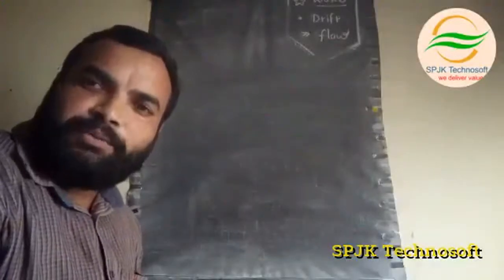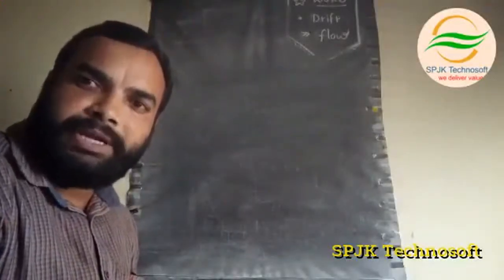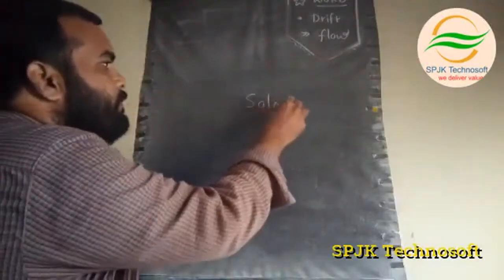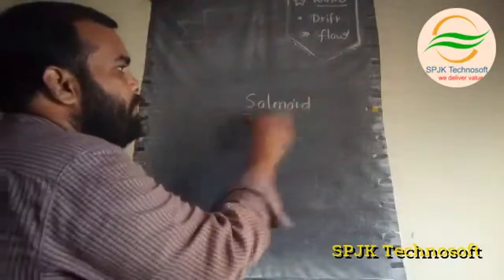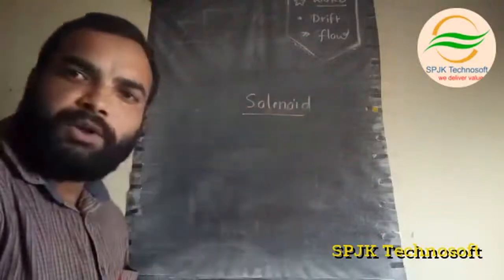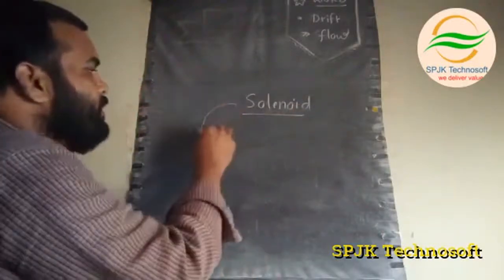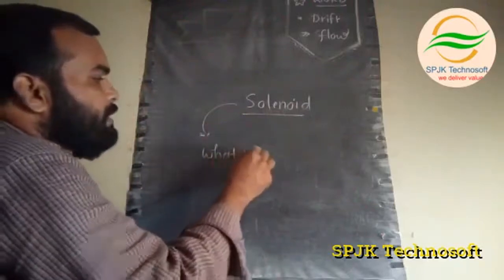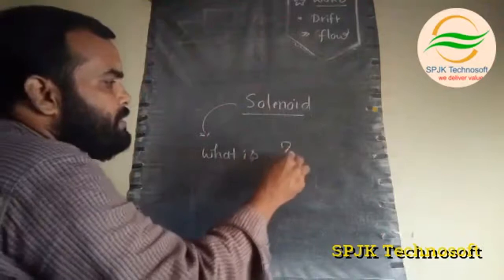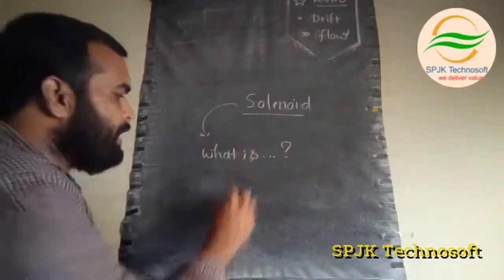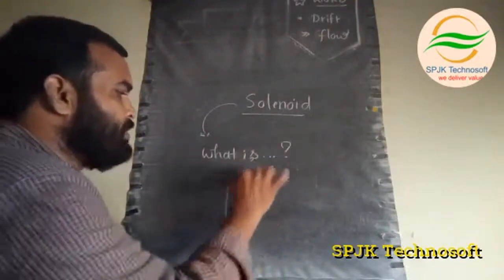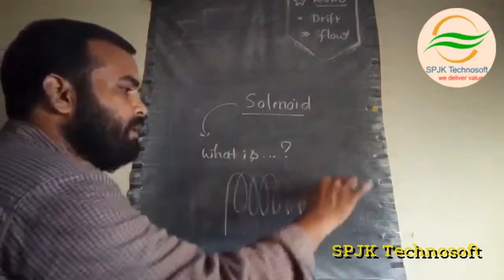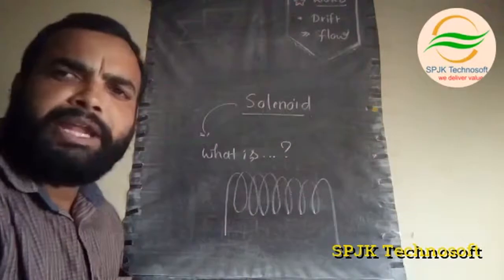In this video we are going to discuss solenoid. Let us start. First of all, what is a solenoid? It is a current carrying conductor wound like a spring shape with many turns.